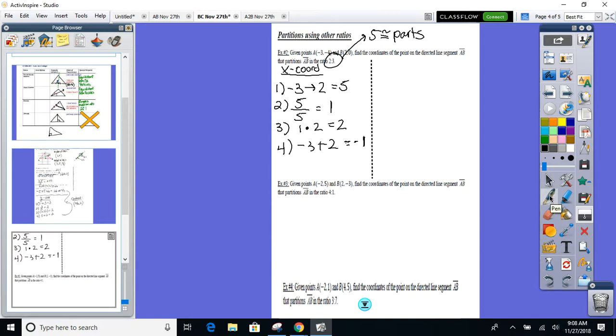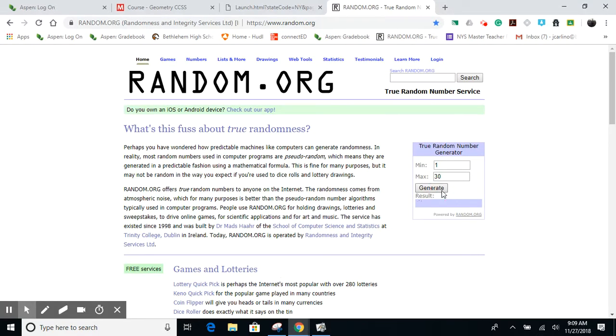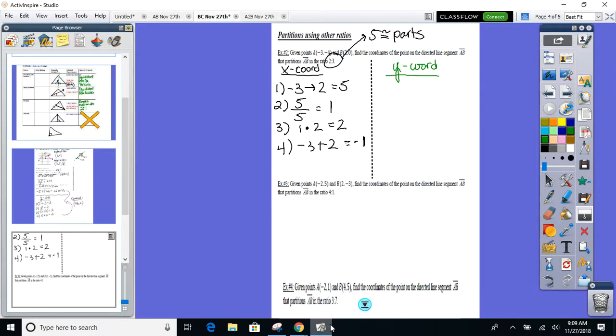Okay, can you help me do the same thing for my y-axis now? Y coordinate now. Where did I start and end on the y-axis?